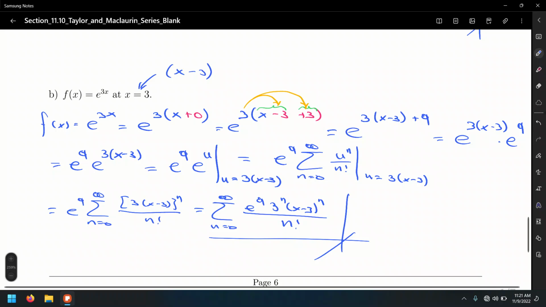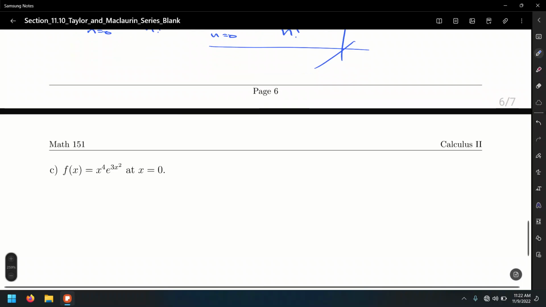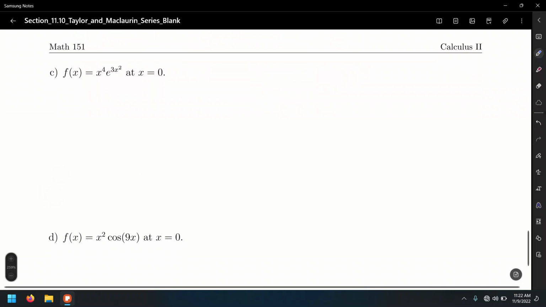Let's do another one. So we have a bunch with exponentials, then we're going to deal with others later, all right? For the next example, f of x equals x to the 4th power times e to the 3x squared, but this time centered at 0. And again, just think about this function getting its power series representation using the long process.